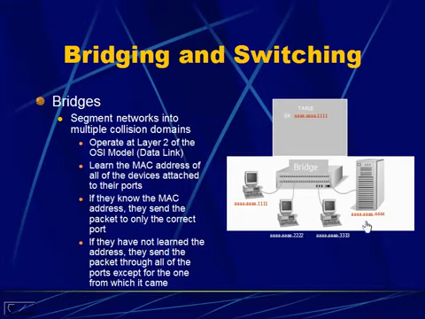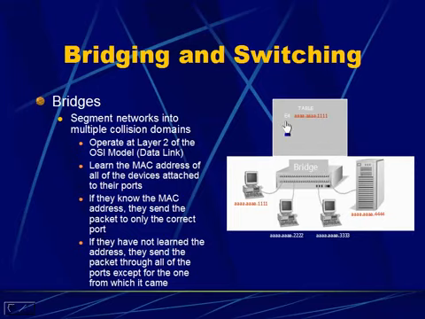So now, the server now wants to send information back to this computer. So the server addresses a packet with 1111. The packet comes up to the bridge. The bridge now can look at its table and it knows exactly where 1111 is.